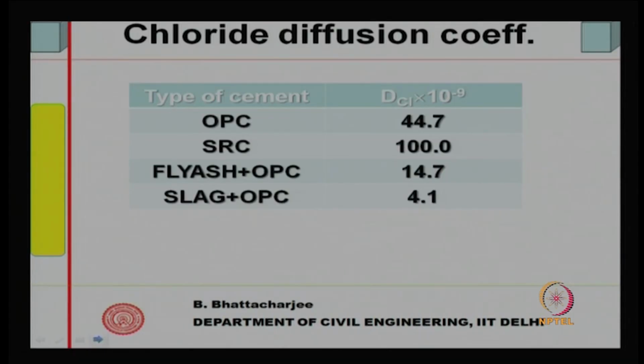Next is the durability issues. If you look at one of the properties, say chloride diffusion coefficient. Durability is firstly related to ingress of material from outside, ingress of moisture for example, because almost all durability problems, as we shall be seeing later on, are associated with chemical reaction of some sort of aggressive agent or contaminant coming from outside.